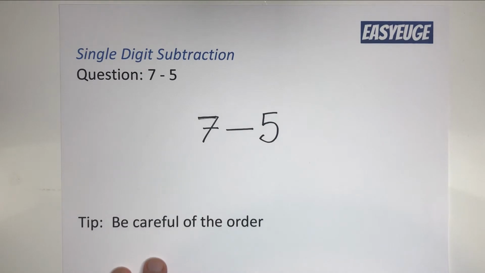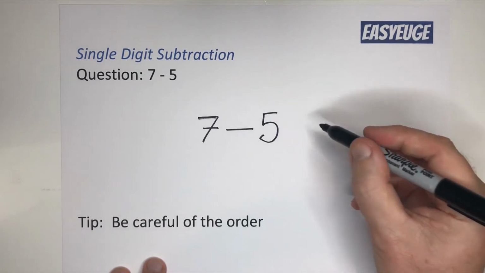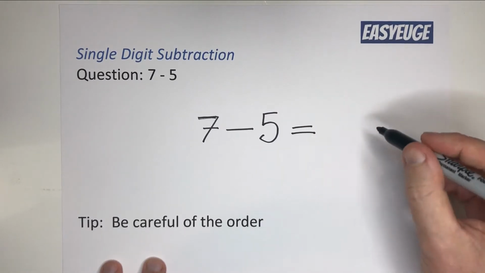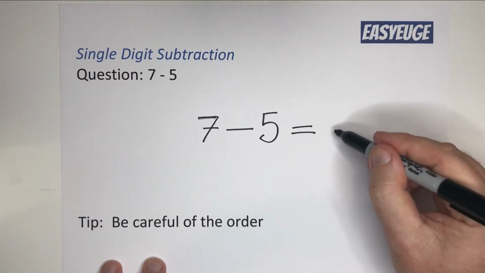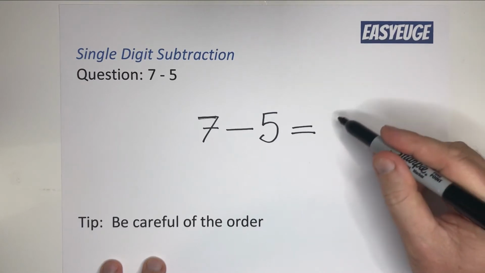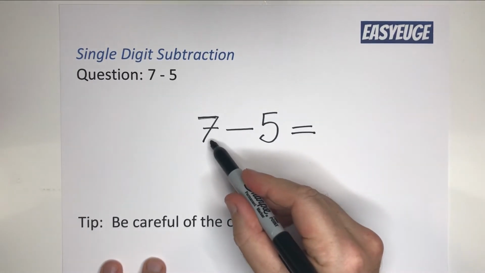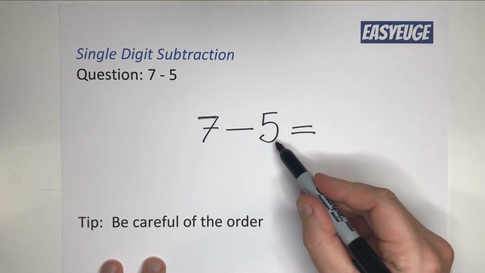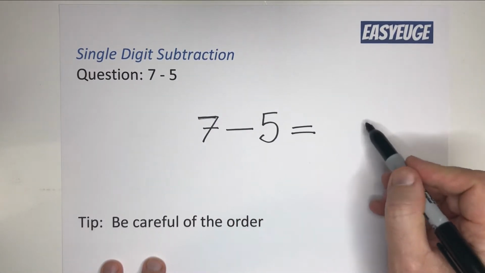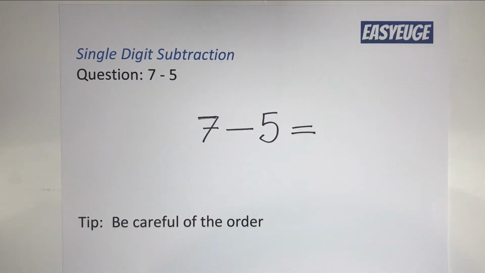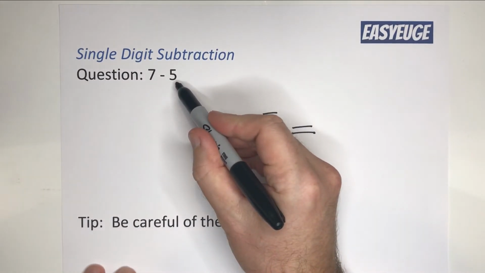Okay. And what we do next is we put down our equal symbol, and we write the answer over here on the right hand side. So we need to work out 7 subtract 5. So what is the answer? Now what we need to do is to be careful when we're subtracting that we always follow the question.